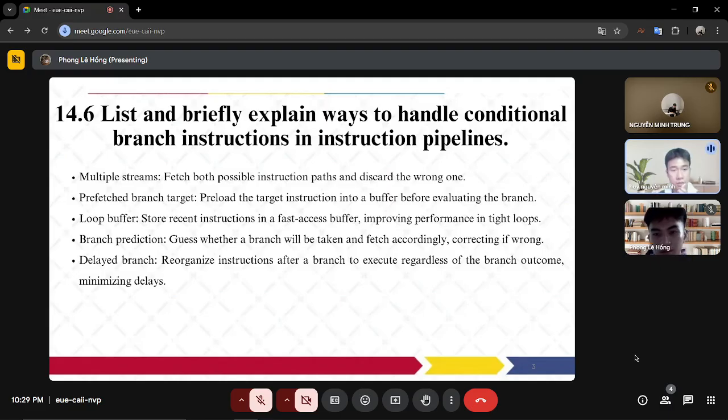Guess whether a branch will be taken and fetch accordingly, correcting if wrong. 6. Delayed branch. Reorganize instructions after a branch to execute regardless of the branch outcome, minimizing delays.